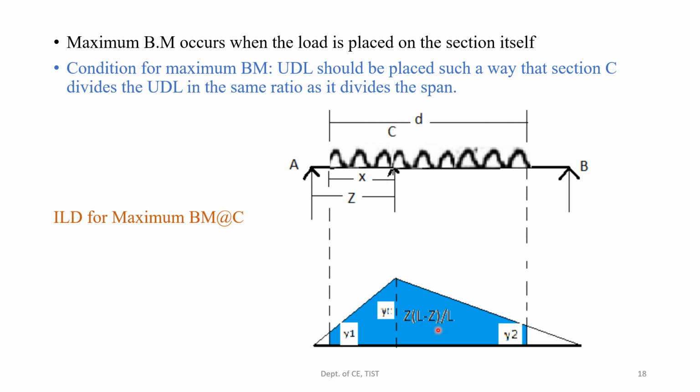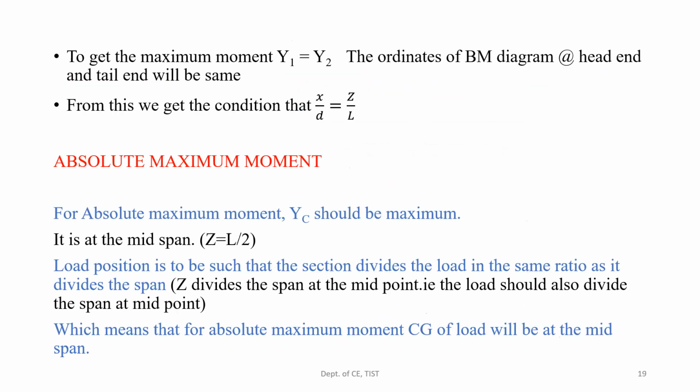Find the area of these trapeziums, and the other condition is that the ordinates Y1 and Y2 should be equal. These are the conditions to get the maximum bending moment. Just find the area of that shaded region, and that into W will give the value of maximum bending moment.